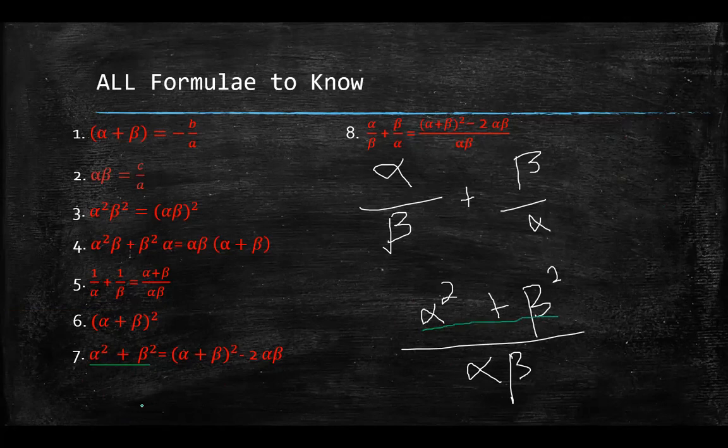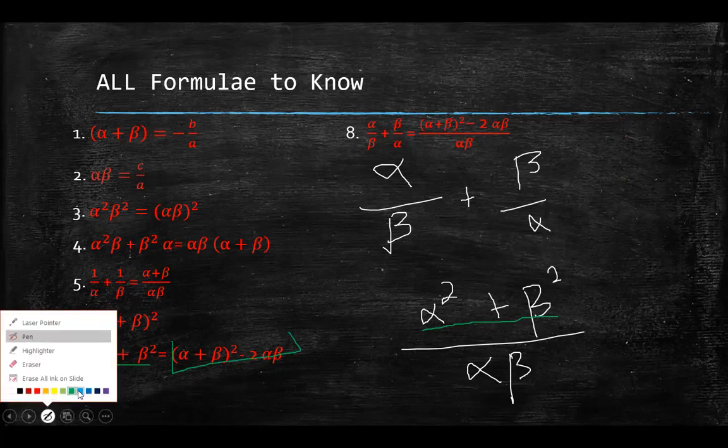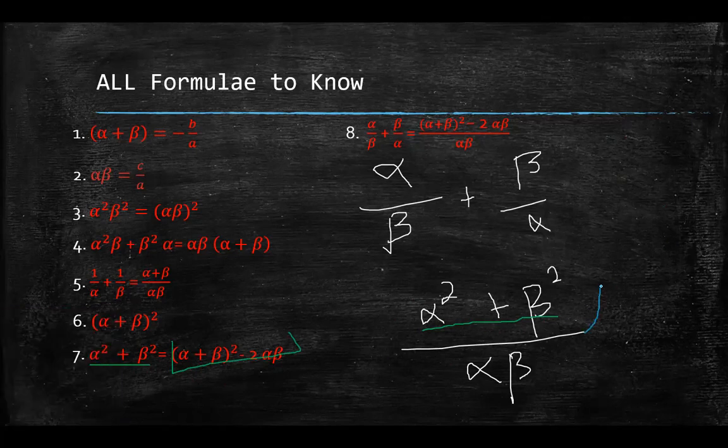What is alpha squared plus beta squared equal to? Just read it out for me. Alpha plus beta squared minus 2 alpha beta. So hence I could write this as alpha plus beta squared minus 2 alpha beta, and put back my alpha beta. And it's the same thing? Yes, exactly. And that's number 8. That's it.